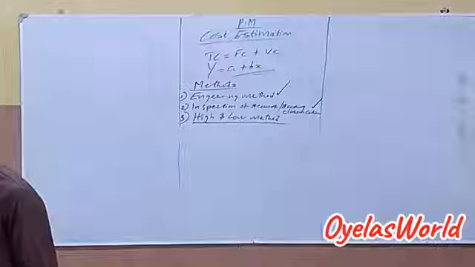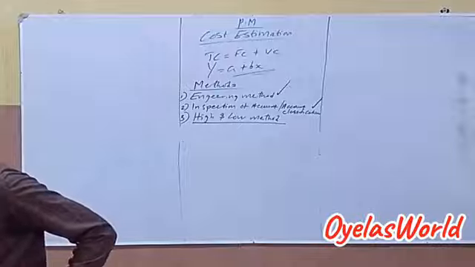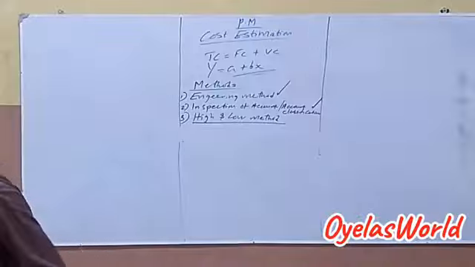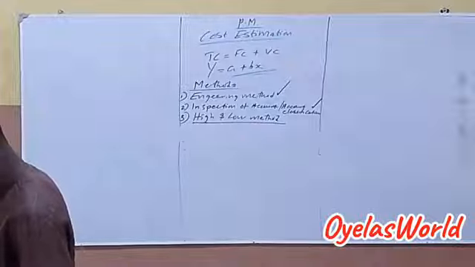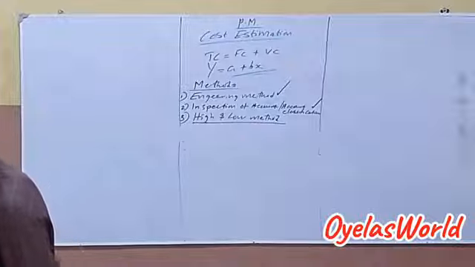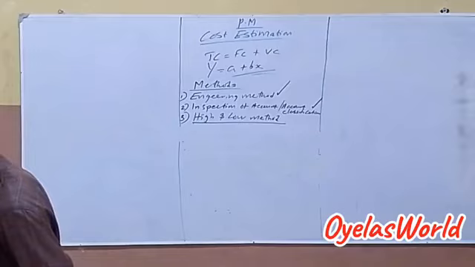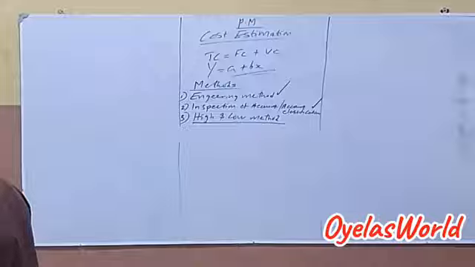Year 2001: 80,000 units, total cost 162,000. Year 2002: 90,000 units, total cost 170,000.